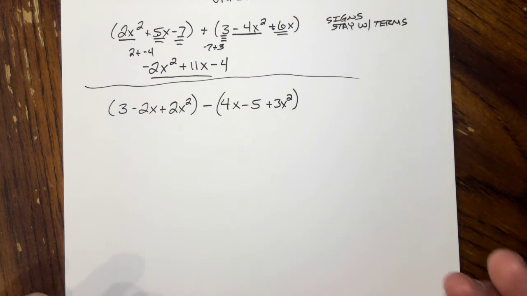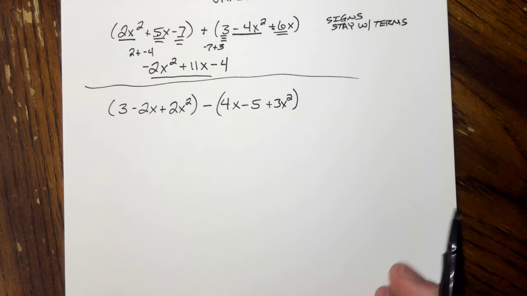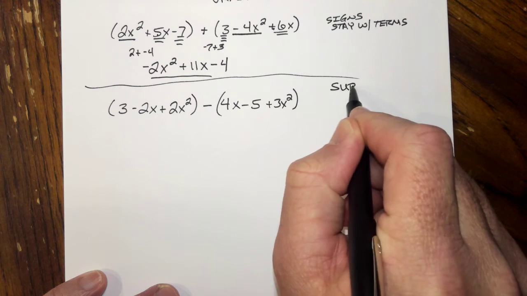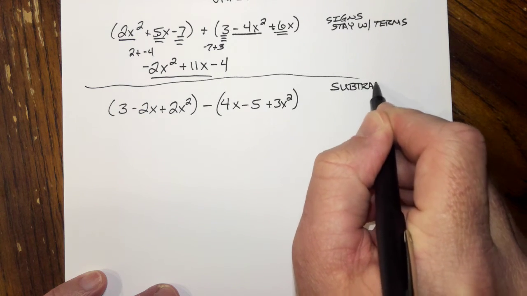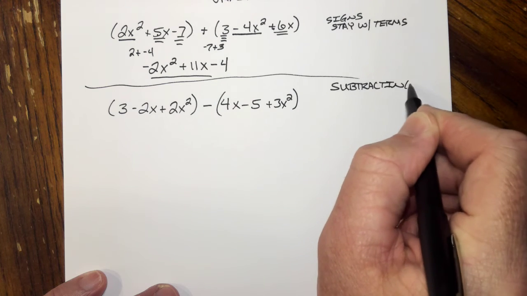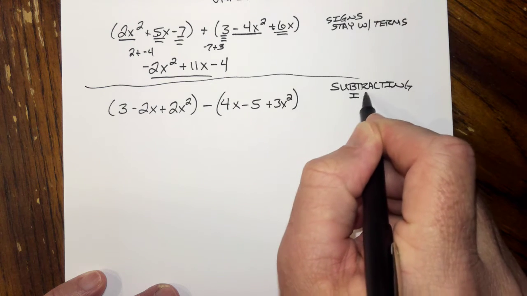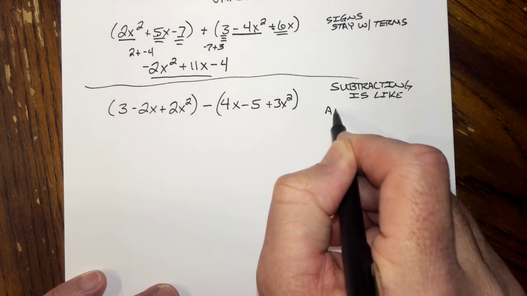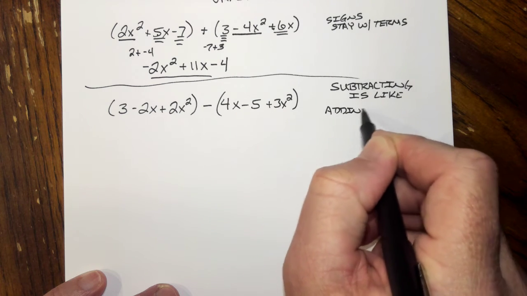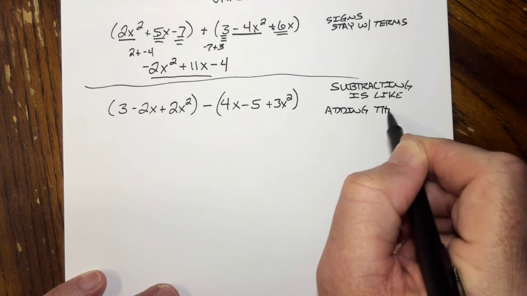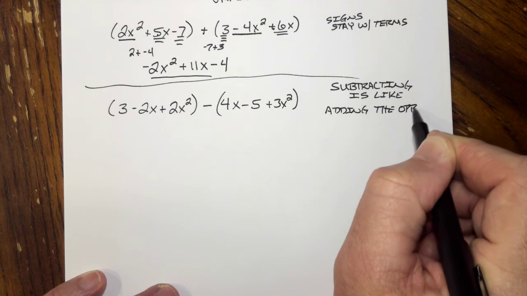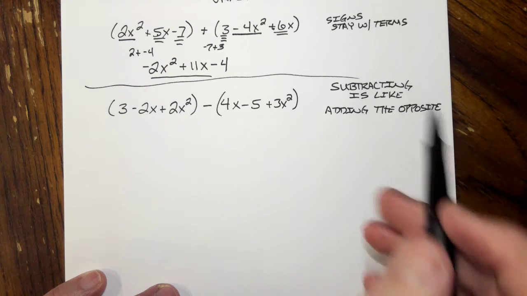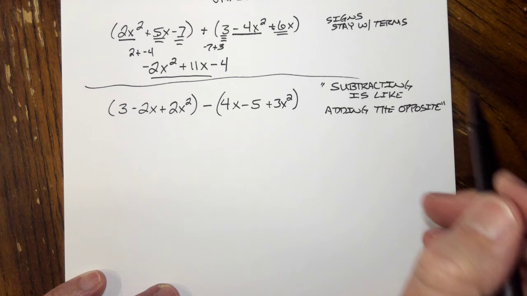Now, you've heard the phrase before. I'm going to write it down one more time, and this is where it really comes into play. Subtracting is like adding the opposite.